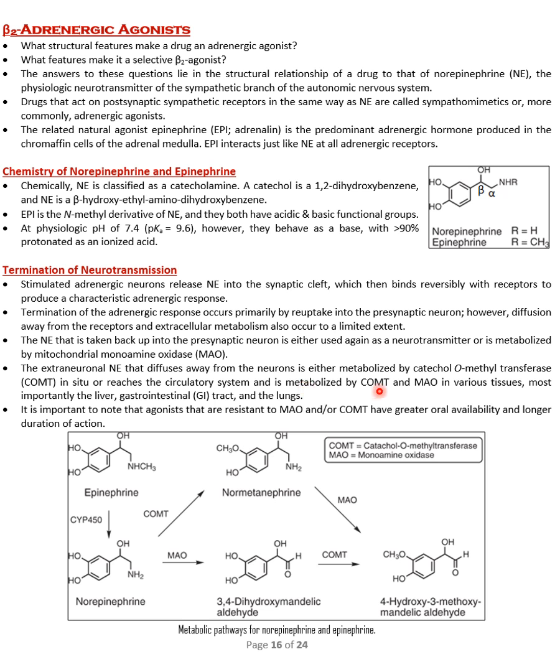These are present in the synaptic cleft, and they are present in tissues such as the liver, GI, and the lungs. So they can be metabolized by these two. And of course, if we can stop this metabolism, then we could enhance the duration of action and even the oral availability if we want to for these drugs.